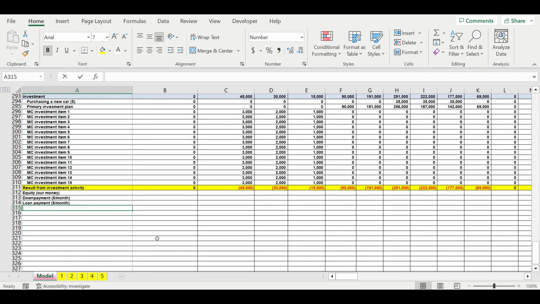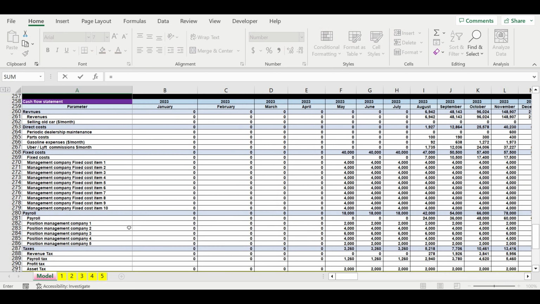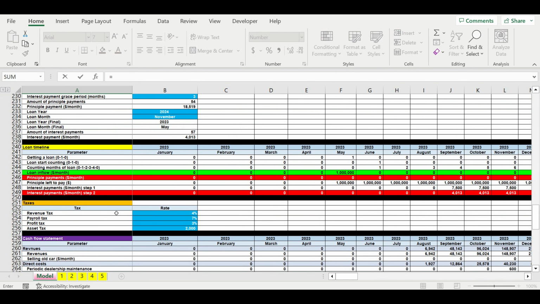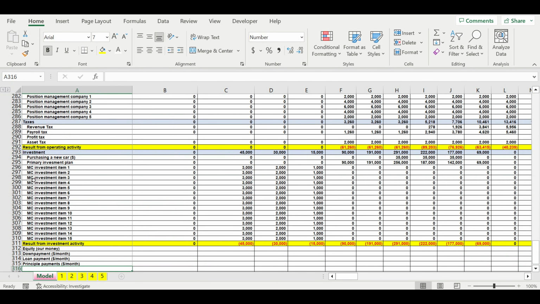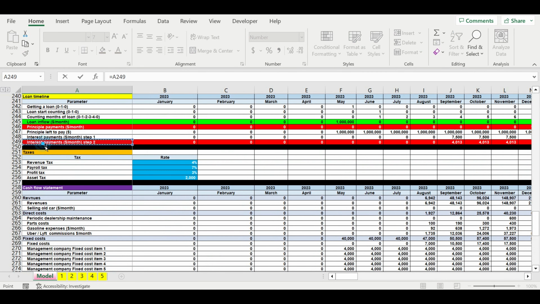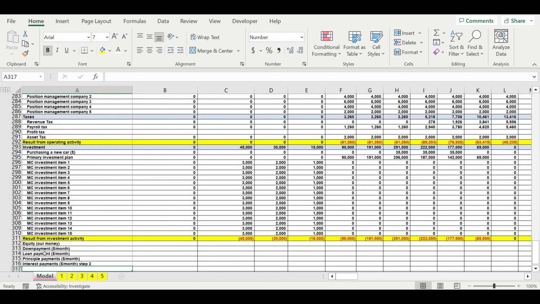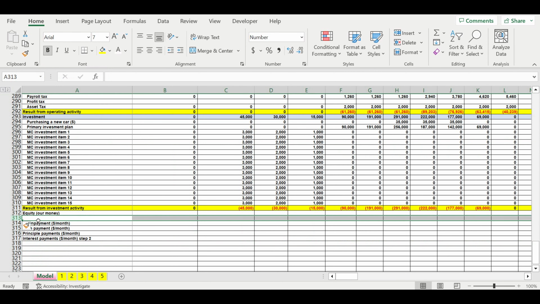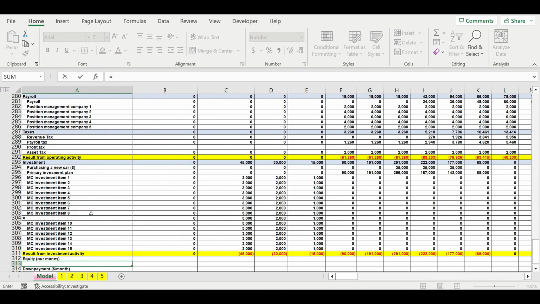Then let's add the loan that we were creating beforehand, principal payments, interest payments, and the inflow of this loan we will be putting here.